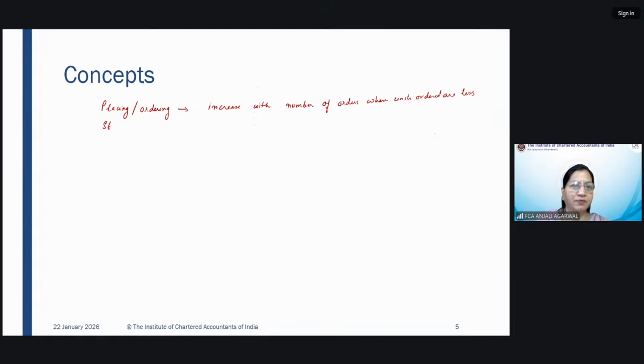And the second cost, which behaves oppositely to the placing cost, is the storing, holding, or carrying cost. Storing cost increases with units ordered because then you have to hold more units, and decreases when fewer units are ordered.